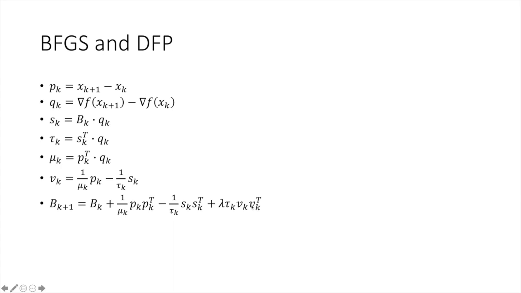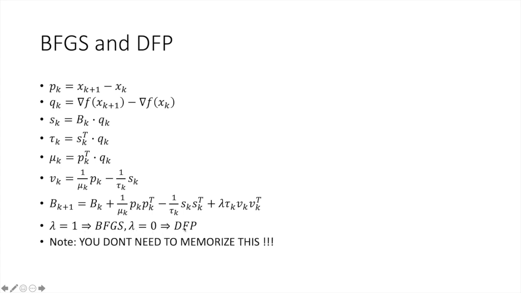So this is where the algorithms differ from each other. If lambda is equal to 1, we get BFGS. If lambda is equal to 0, we get DFP. Note that you do not need to memorize these equations and their derivation.